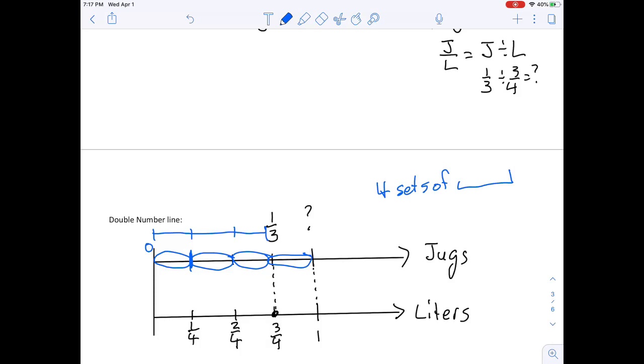So I need to have 1/3 of 3, or 1/9 right here. So each space is worth 1/9. 4 sets of 1/9 is going to give me 4/9. My units are jugs. Again, to get here, I partitioned into 3 parts, so I needed 1/3 of 1/3 to give me 1/9.